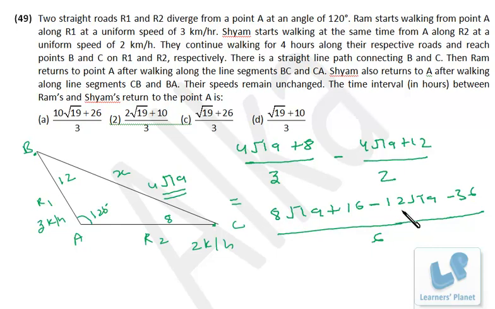I just take minus 12 root 19 and 8 root 19, so it's 4 root 19 negative, and this is minus 36 plus 16, so it's minus 20. So finally I have to find out the difference only, so I just cancel the sign. So it's 2 root 19 by 3, I'm sorry, plus 10 by 3, right? So that's option B, right?